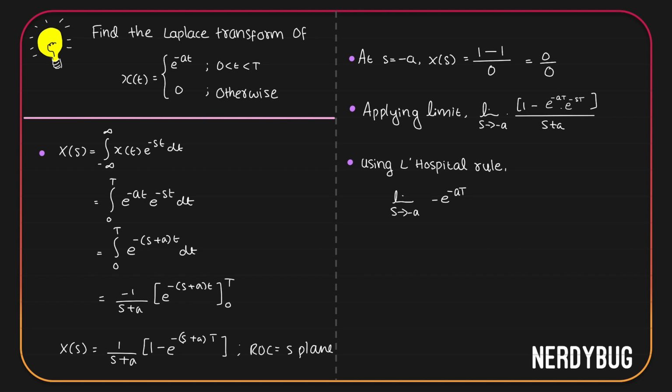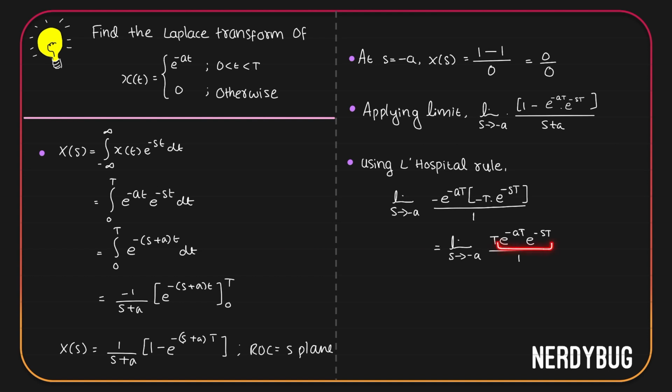The derivative of e^(-sT) is minus T multiplied by e^(-sT), divided by the derivative of s, which is 1, and the derivative of a is 0 because it's a constant. So in the denominator we have 1. So this is equal to the limit as s tends to minus a of T e^(-aT) e^(-sT) divided by 1.